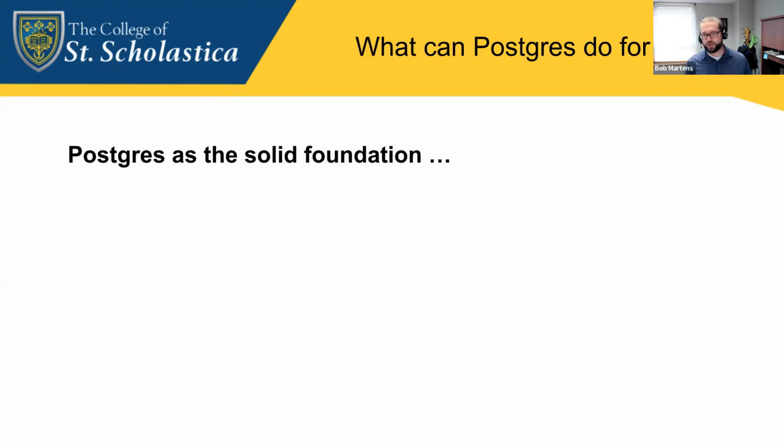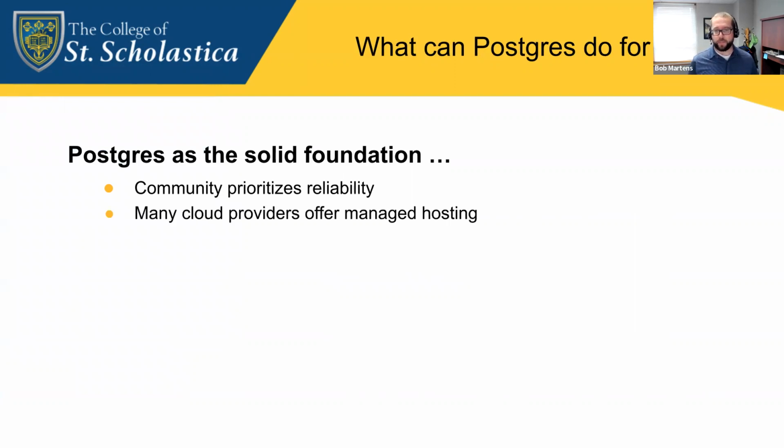I've talked about Postgres as the solid foundation right now, and this is really true of databases in general. But for Postgres specifically, the community prioritizes reliability and storing your data consistently and safely. One cool thing, which gets outside of the open source nature of it, is that many cloud providers like Amazon and Google and others offer managed hosting for their Postgres database.